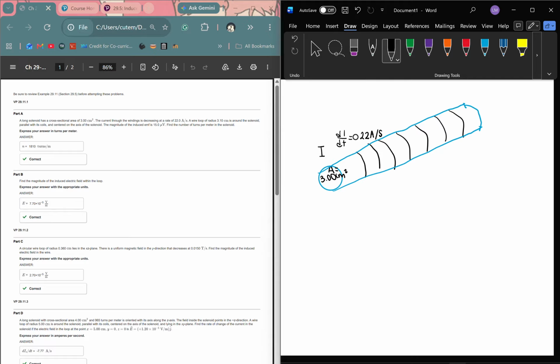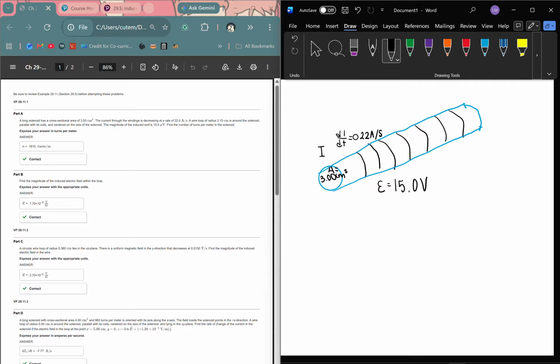And then we're going to label the induced EMF, the electromotive force, which is 15.0 microvolts.